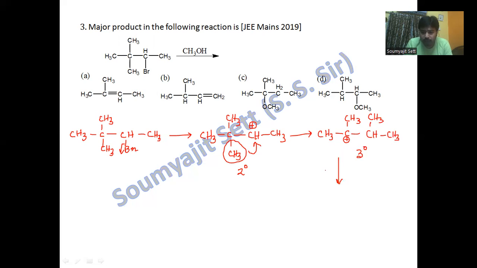Now the solvent, that is methyl alcohol CH3OH, will attack at this position, and minus H plus, we will get the product.